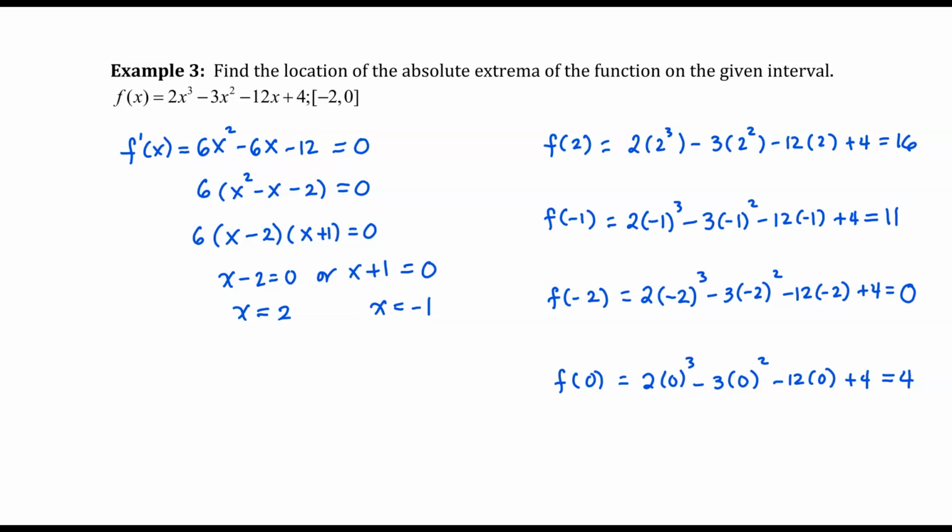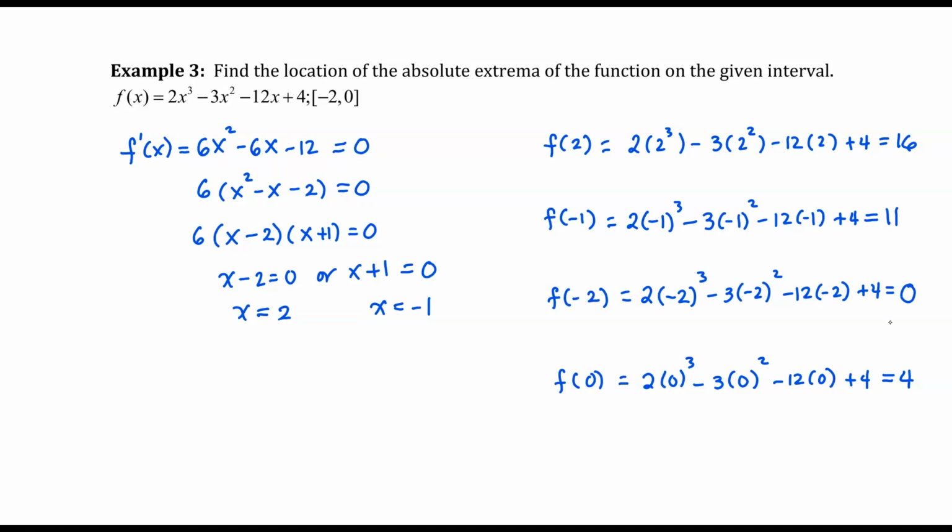Now the next step is to compare these values here. The lowest value will be the absolute minimum. So that means 0 at x equals negative 2. You get y equal to 0.